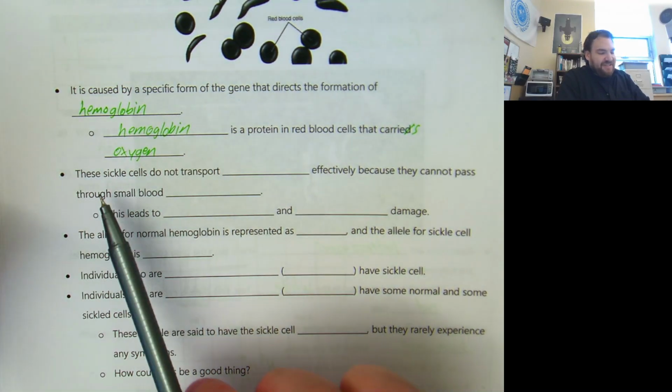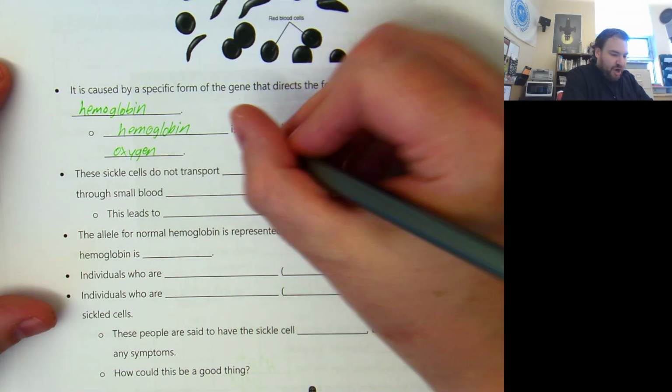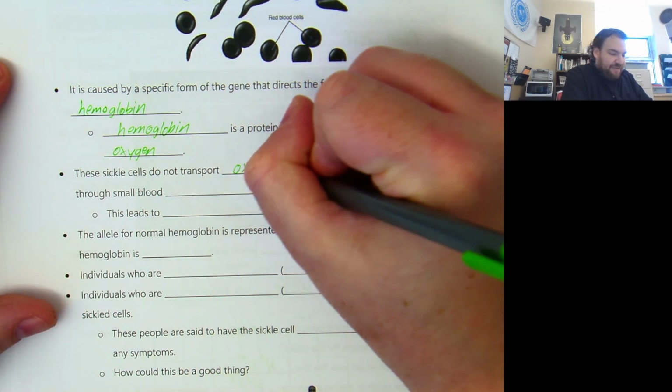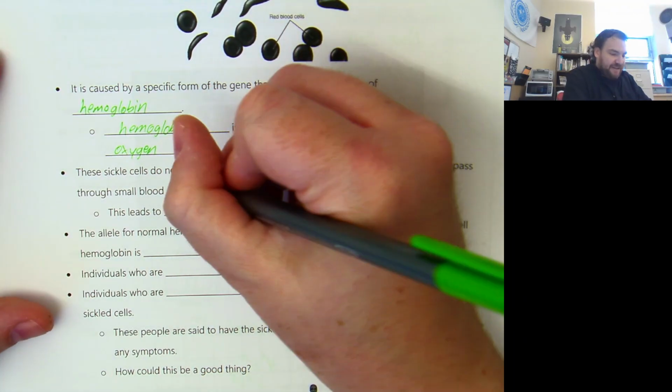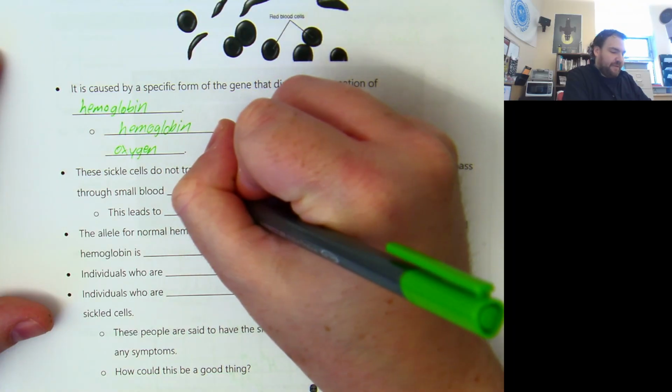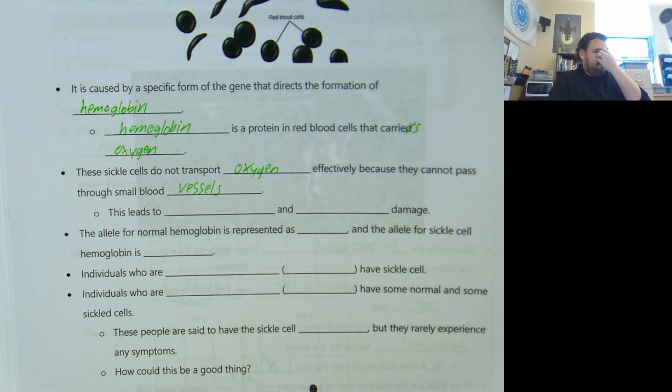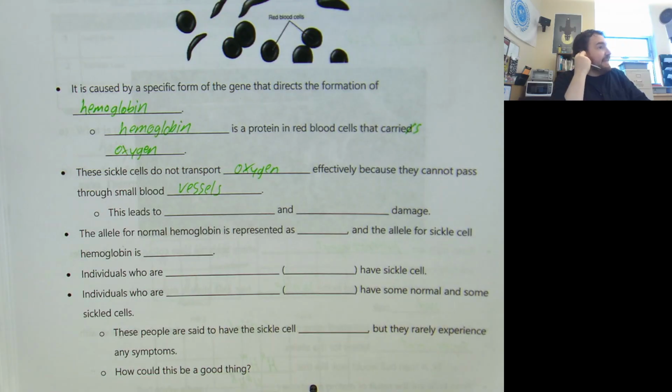When you have sickle cells, these sickle cells do not transport oxygen effectively because of their weird shape. They cannot pass through small blood vessels. They get bunged up within the vessels. What that can lead to is a blockage.